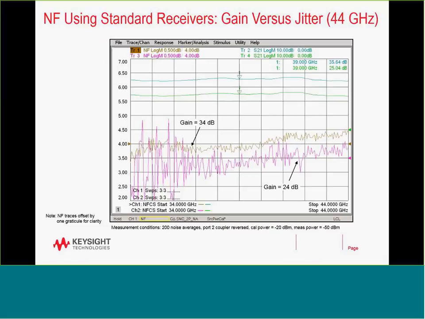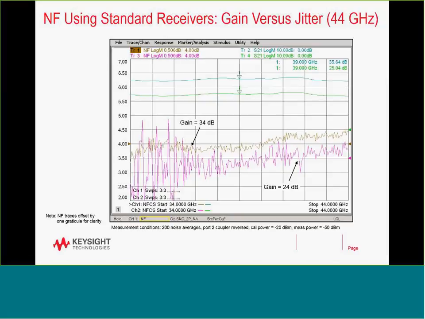If we compare the noise figure using standard receivers, we could see that gain plots are very similar. Actually, take a look at the figure, and what we're showing you is the gain differences. So if we had a device that had a gain of 34 dB, we would measure noise figure with a certain amount of jitter on that brown line.